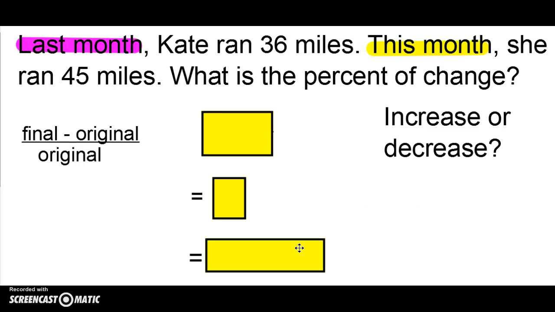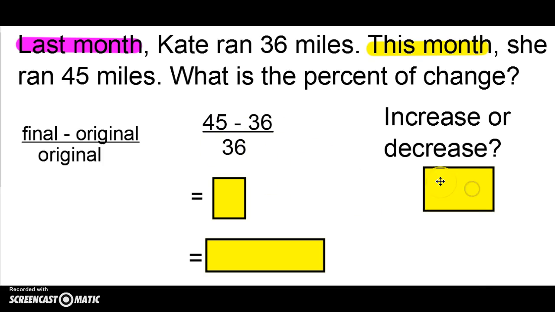All right, last month, that sounds like original to me, Kate ran 36 miles. This month, she ran 45 miles. What is the percent of change? So here you go. The final minus the original divided by the original.